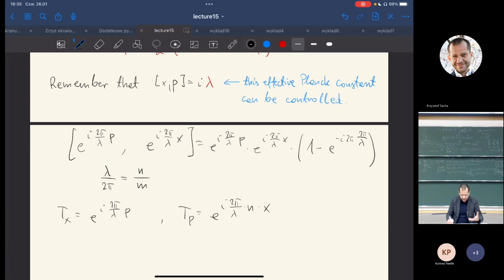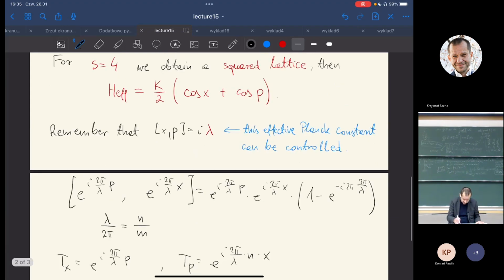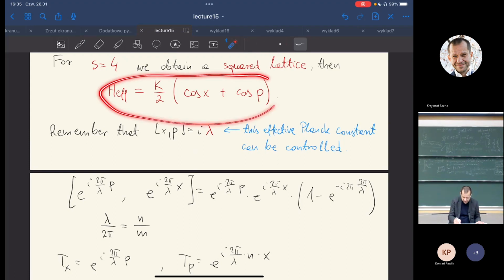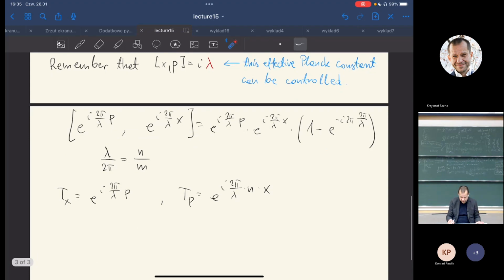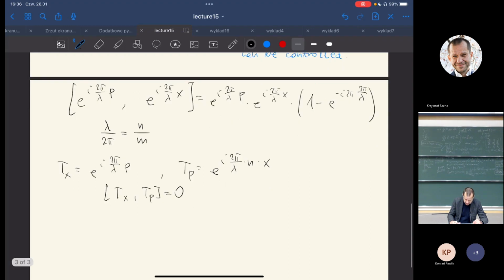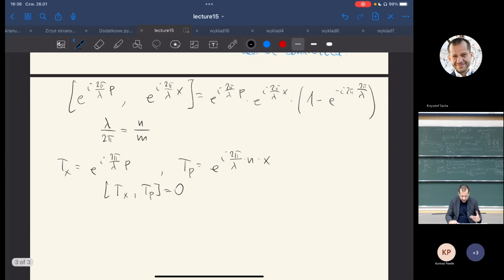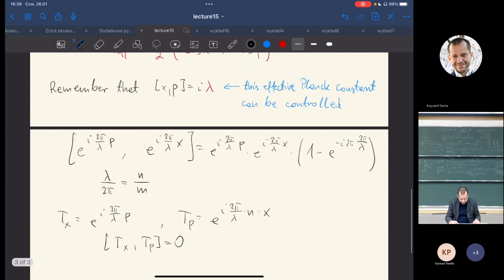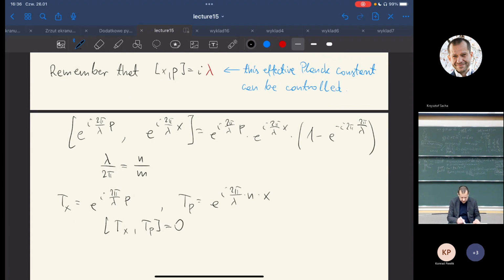these operators, of course, commute with the Hamiltonian because of the periodicity of this Hamiltonian corresponding to these operators, but also these two operators commute with each other. And that means that the eigenstates of our system are also eigenstates of these translational operators.